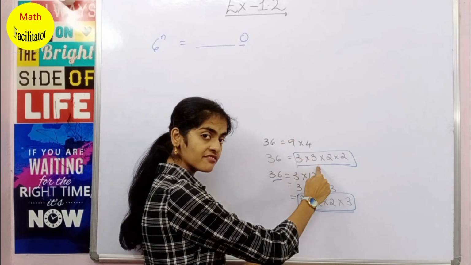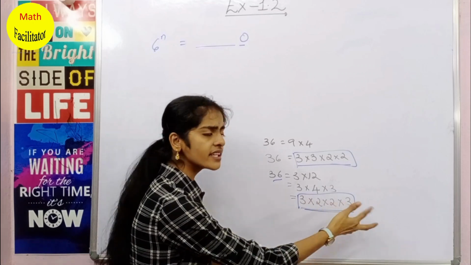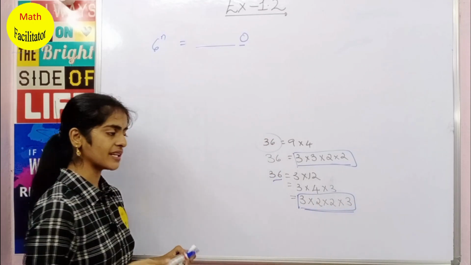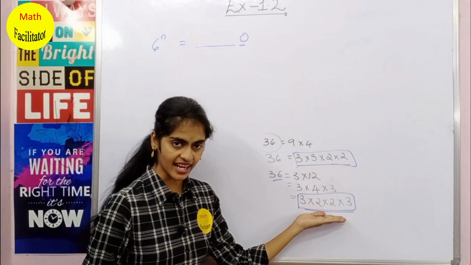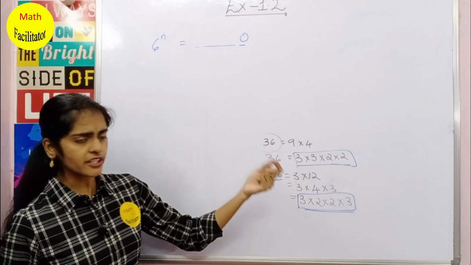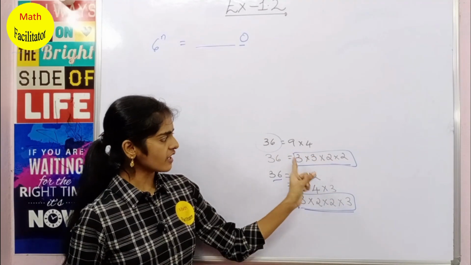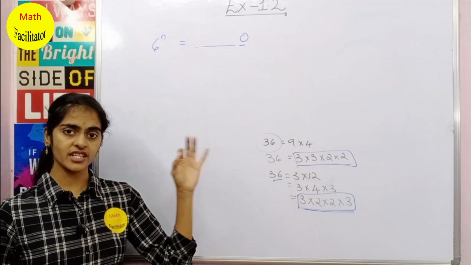So the prime factors are same, just the order is different. Any composite number can be expressed as a product of prime factors. However you do it, the prime factors are unique, so the prime factorization is unique.